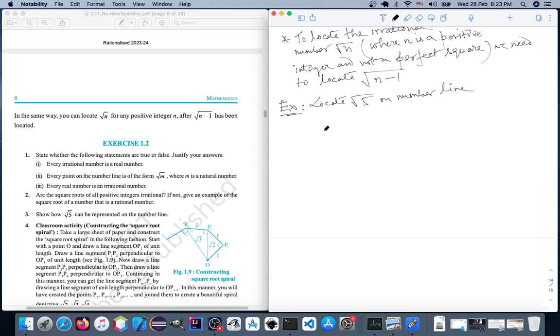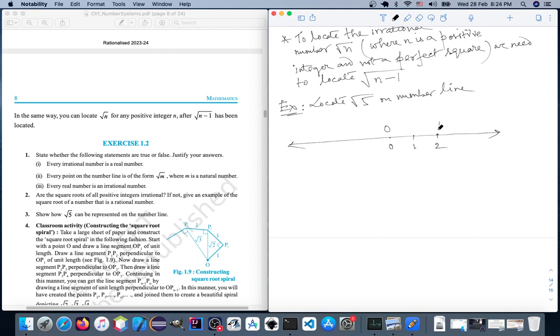So what do we do? We first draw the number line and we mark the origin O. This is 0. Now to locate root 5, we need to locate root 4. What is root 4? Root 4 is 2. So 1, 2.